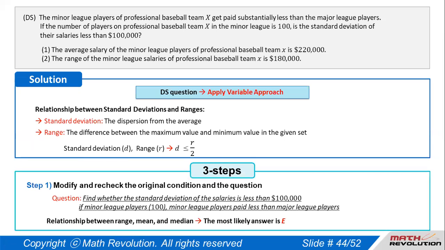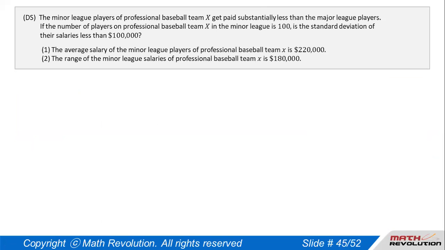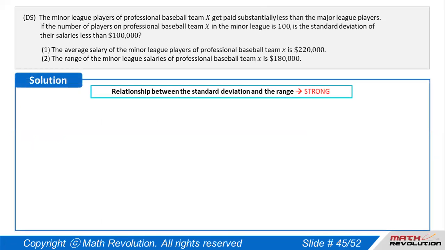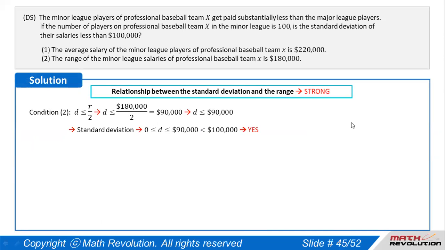Going ahead with this, we have a lot of variables, and we need to deal with the relationships here. The relationship between standard deviation and range has to be strong. So now let's talk about condition 2 first. It says the range of minor league salaries of professional baseball team X is $180,000.